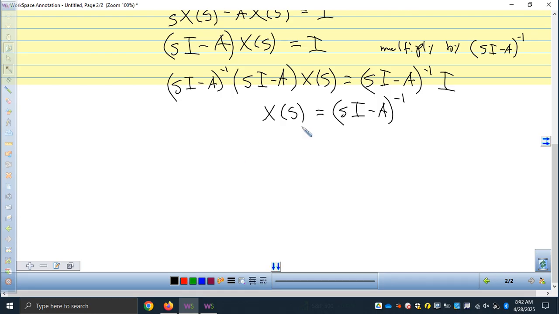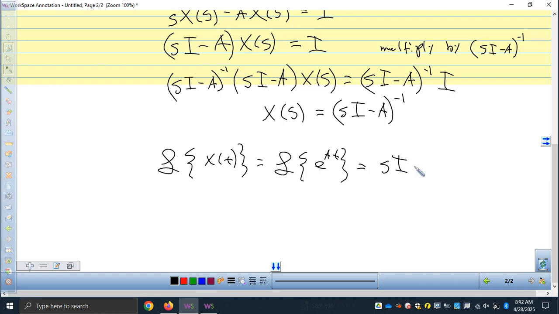Well, if this is the Laplace transform of x, that tells us the Laplace transform of x(t), which is the Laplace transform of e to the At, equals (sI minus A) inverse.